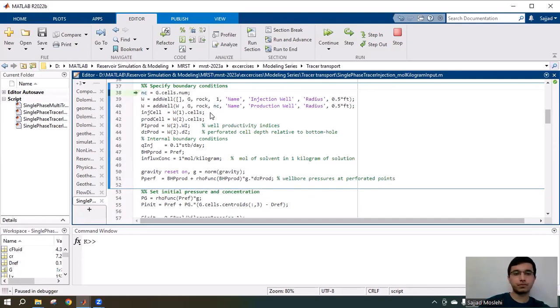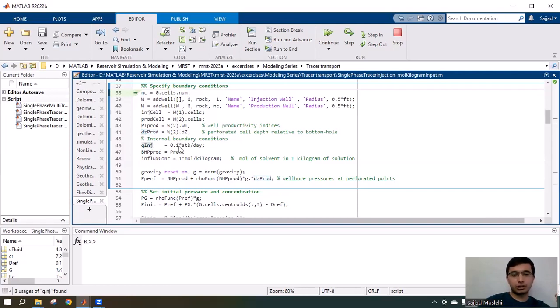All right, very good. Here I have calculated the productivity index of the well using the Peaceman model, and dz prod is actually the depth of the perforated cell relative to the bottom of the hole or the bottom of the well that we have.